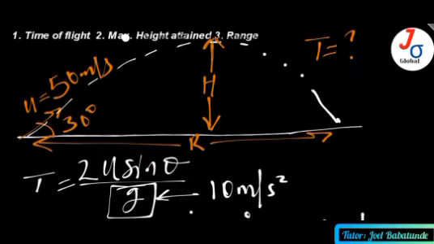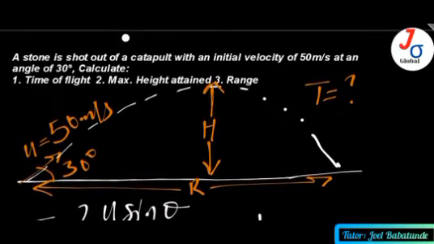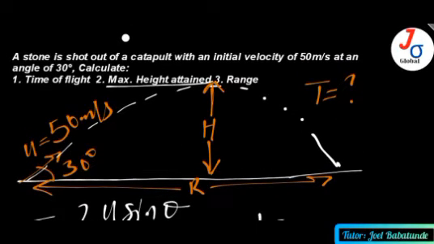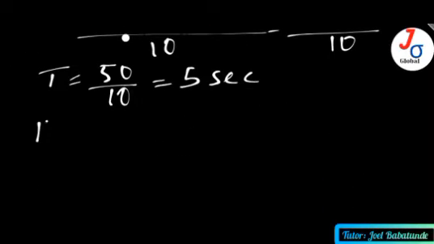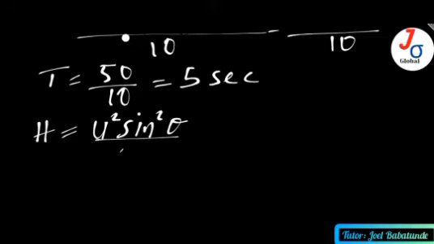So it's going to take about 5 seconds for the stone to go up and travel back down to the ground. Then we also have to calculate the maximum height attained. What's the formula for maximum height? Maximum height is given as u squared sine squared theta over 2g.